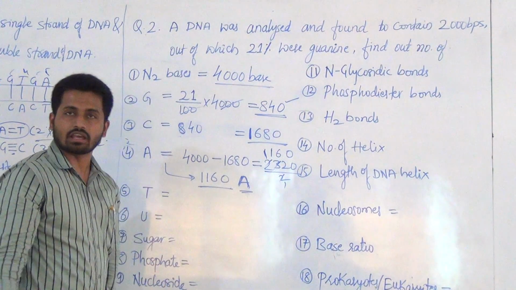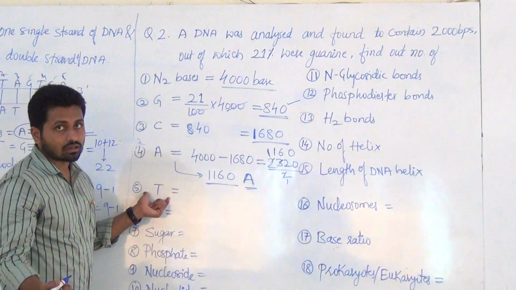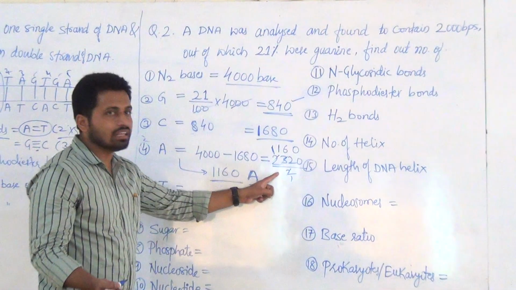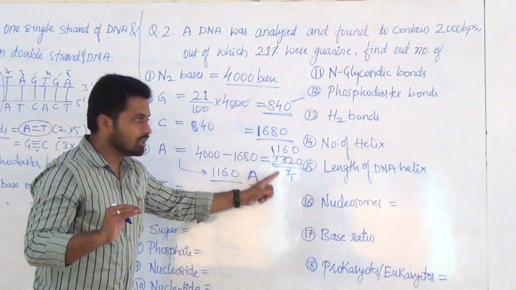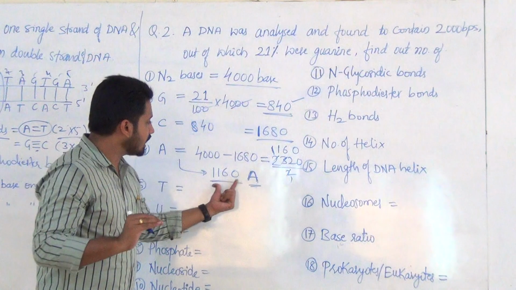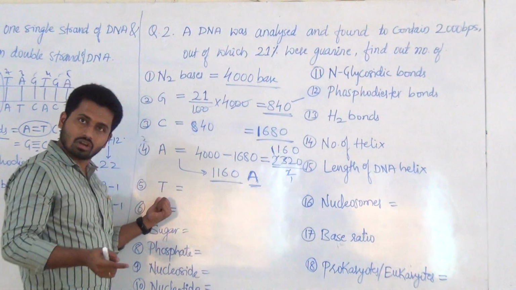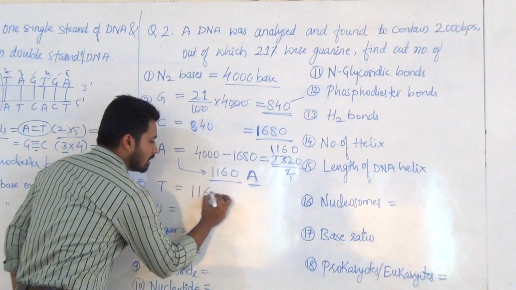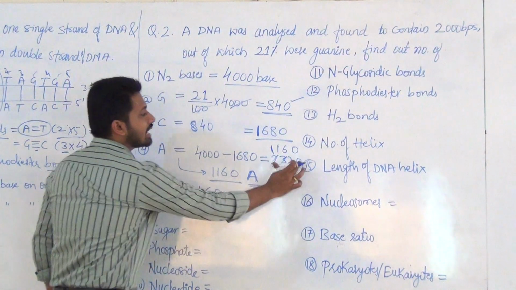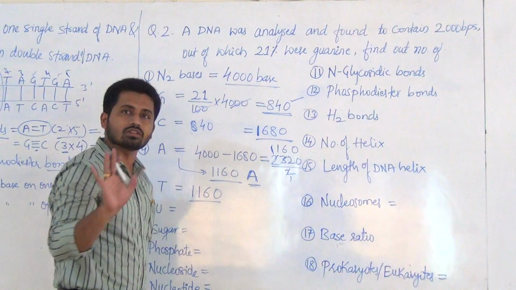Now what will be thymine? Of course, we divided by 2 already, so it is also 1160. 1160 adenine pairs with 1160 thymine.